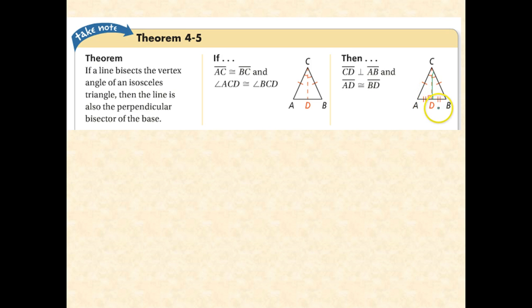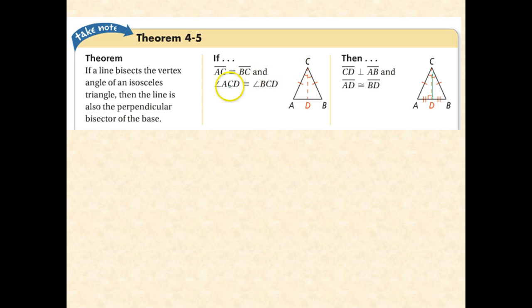segments. So technically you're saying if segment AC is congruent to segment BC and angle ACD is congruent to angle BCD, that gives you the bisector of the vertex angle of an isosceles triangle.